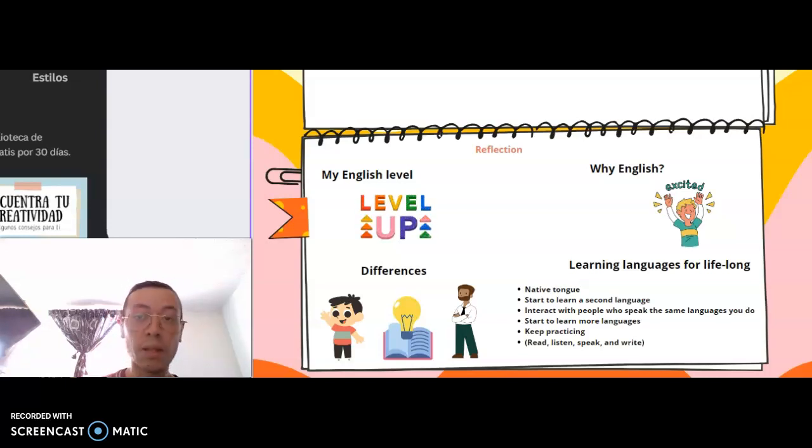So that's something that can help us as well. And also maybe trying to learn different kinds of things using books, or maybe watching movies, or maybe listening to music in the foreign language. So that will also make learning grow.